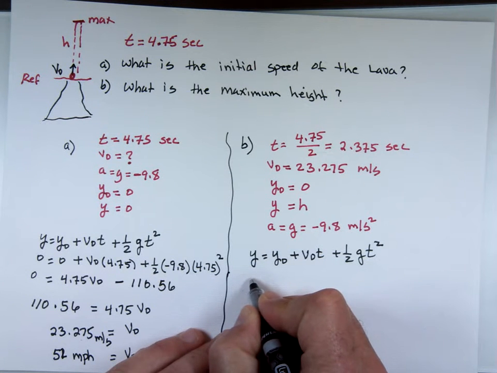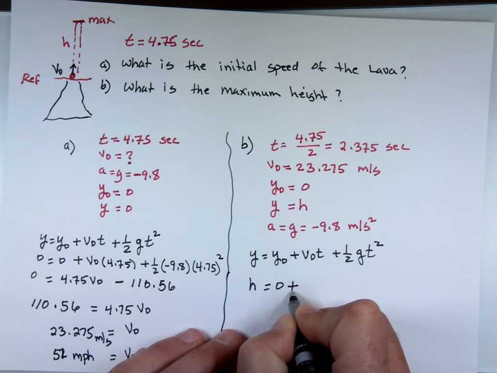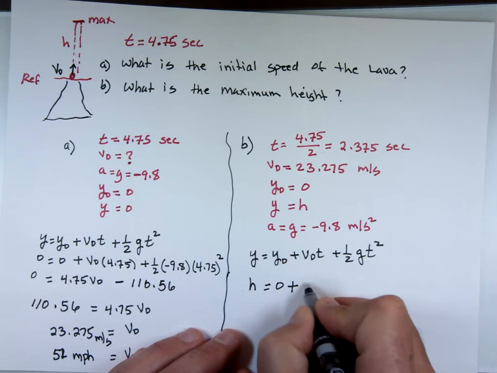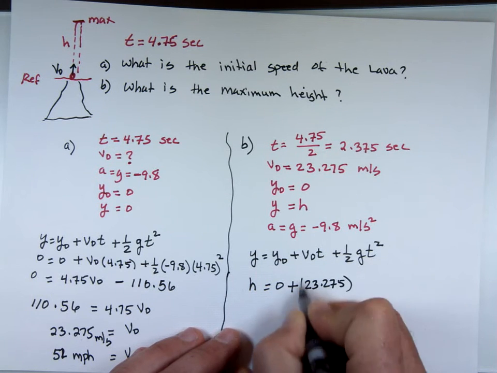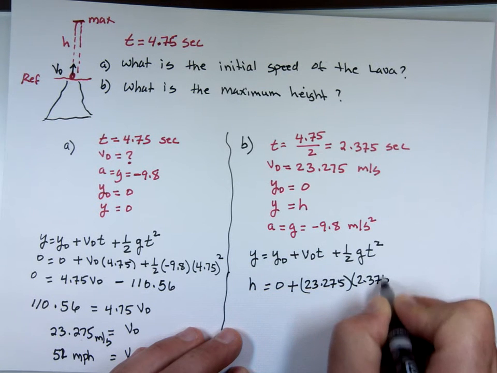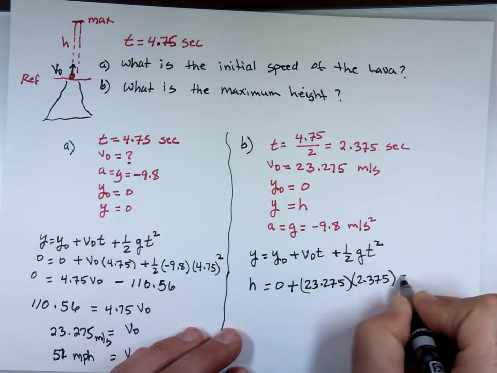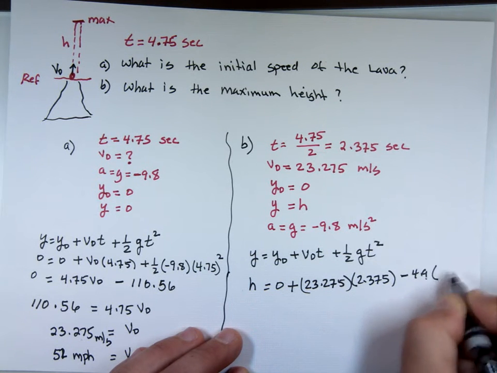Y, which is the height, equals 0 plus V0, which is 23.275, times the time, which is 2.375. This will be a negative when you plug in these numbers: 4.9 times 2.375 squared.